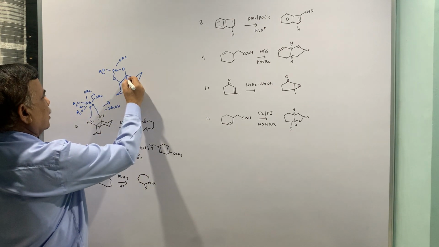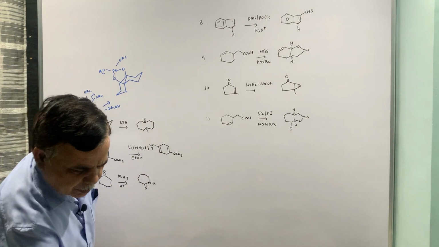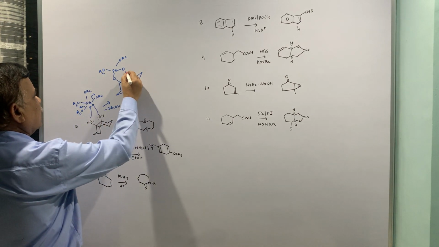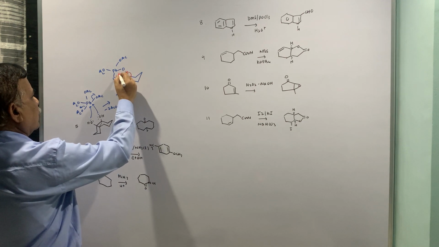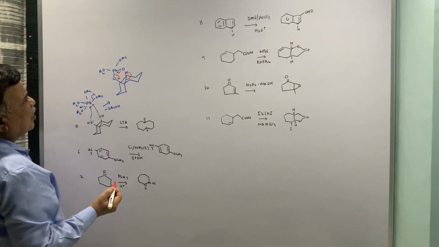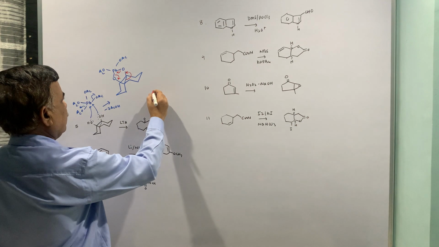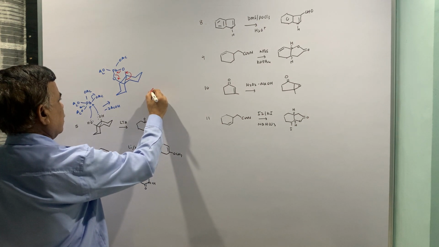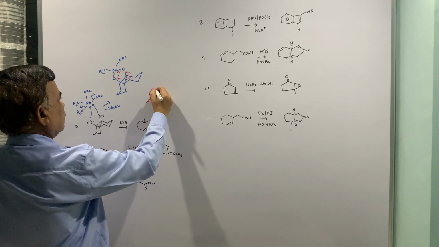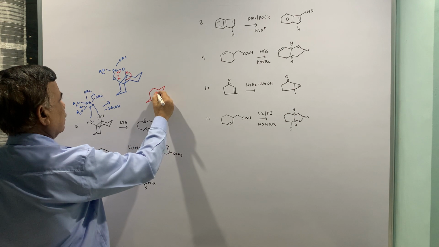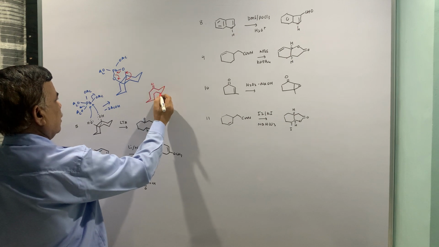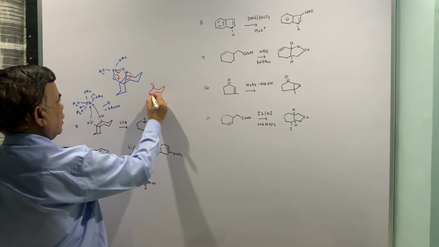Then I will show it with red pen so that it will be easy for you to understand. Okay. So ultimately what we have, I will write it as it appears. This becomes carbonyl, even this becomes carbonyl.